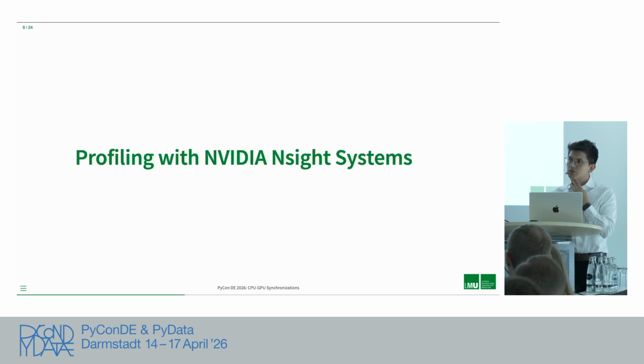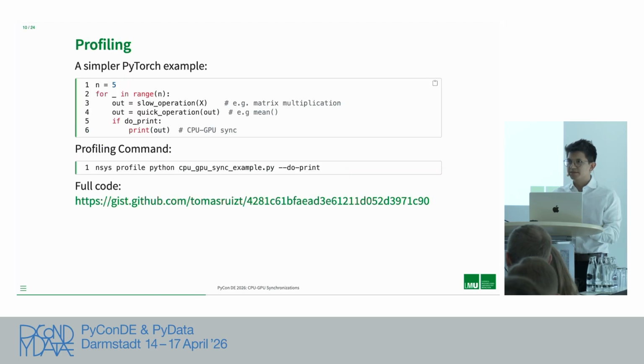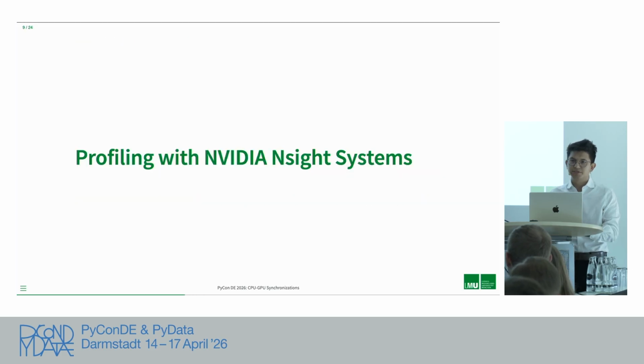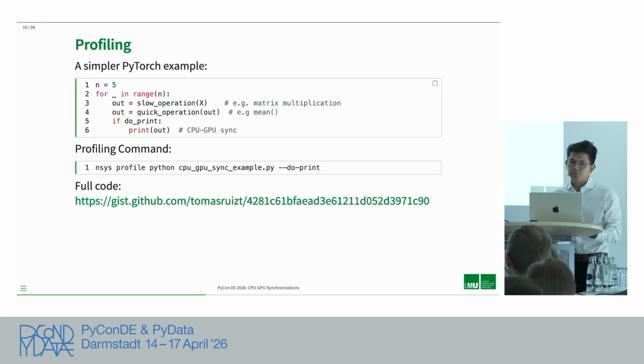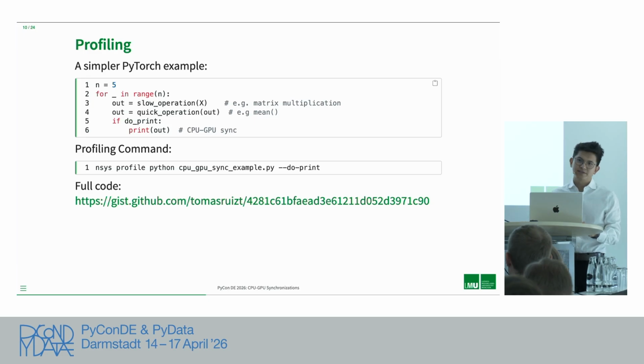All right, so let's say we understand these timelines that I showed you, but you want to actually see it with real tooling. We can use the NVIDIA Insight Systems Profiler. I prepared a simpler snippet of code that doesn't have the backward pass and the optimization step, which complicate the picture.